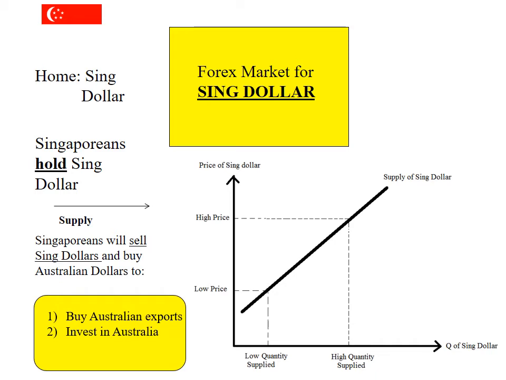Our analysis for this is on the Sing dollar. Okay, so in terms of Sing dollar, what are we doing? We're actually selling away the Sing dollar for Australian. All right, so the impact that we play is the selling when we're talking about the Sing dollar. Okay, so just take note. All right, the home side is always selling the currency. So in the foreign exchange market, let's say for American dollars, who are the ones selling American dollars?